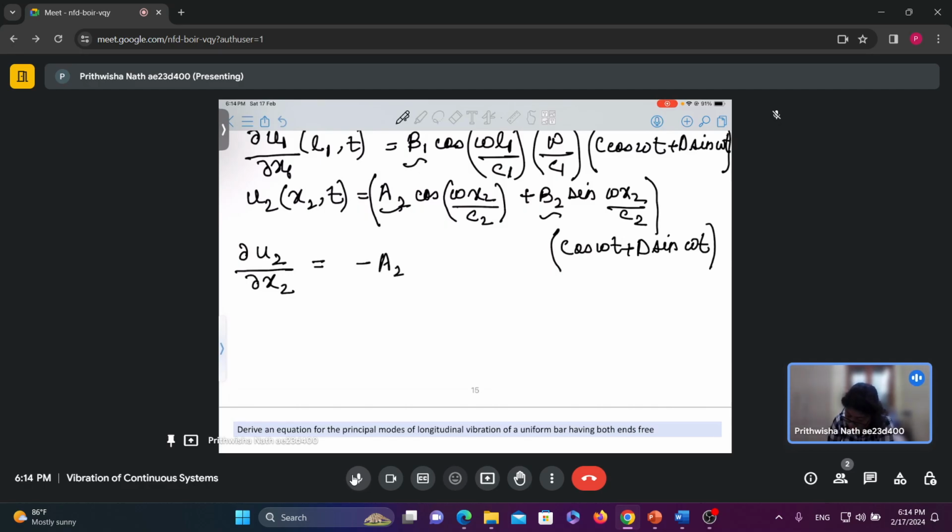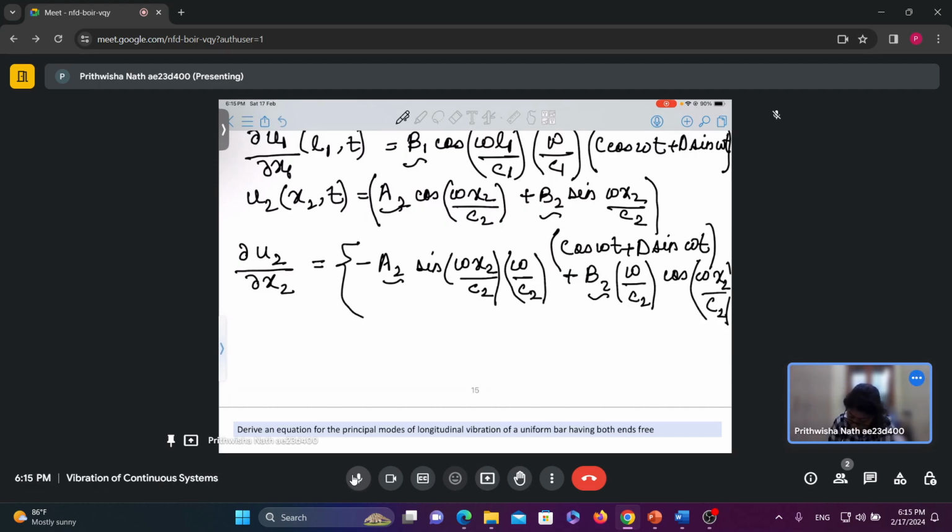So I get minus a2 sin(omega x2 / c2) into omega / c2, plus b2 into omega / c2 into cos(omega x2 / c2), and this multiplied by (c cos omega t plus d sin omega t). Now we need to find this at 0, t.